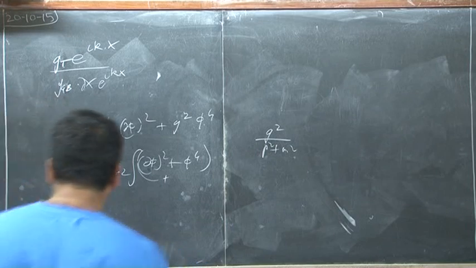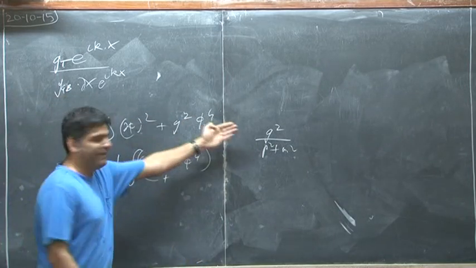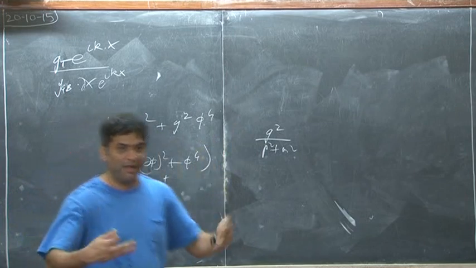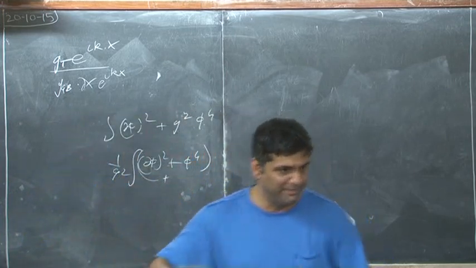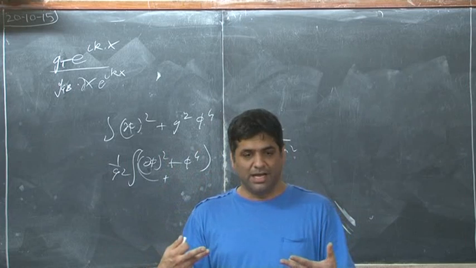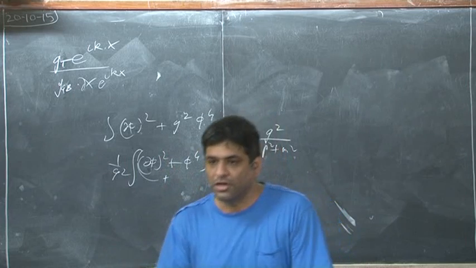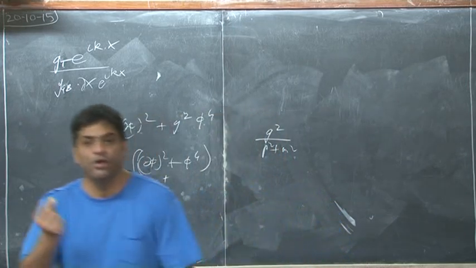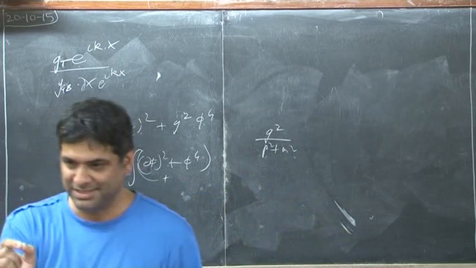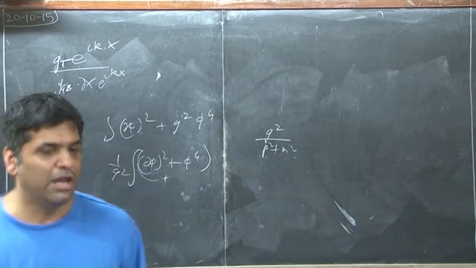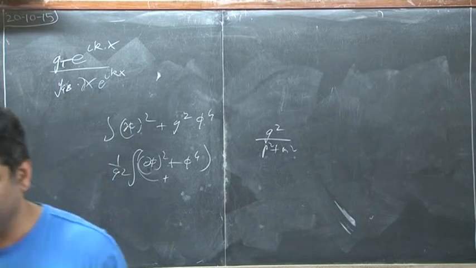So different normalizations of field theory Lagrangians correspond to different conventions for whether you have to put a factor of the coupling constant, actually inverse coupling constant, along with each vertex operator or not.